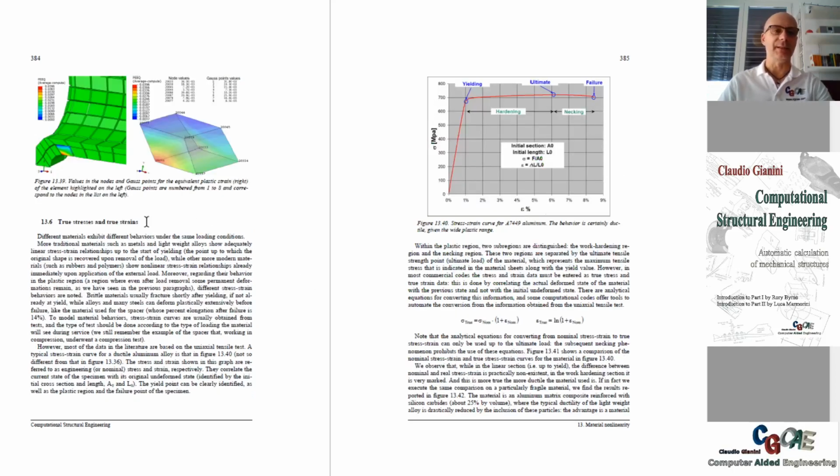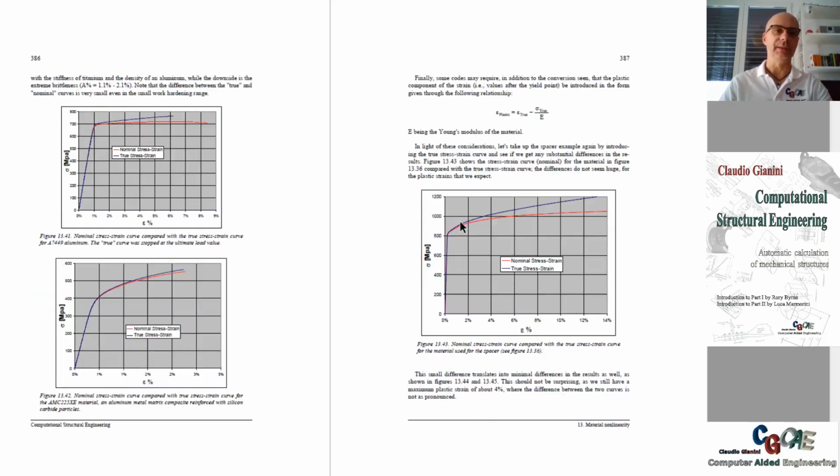And then we talk about true stress, true strain, what is the difference between them, and what could be the error which is made using one compared to the other. Generally the codes will need to have the true strain and true stress, but generally the data are given in nominal stress and nominal strain.